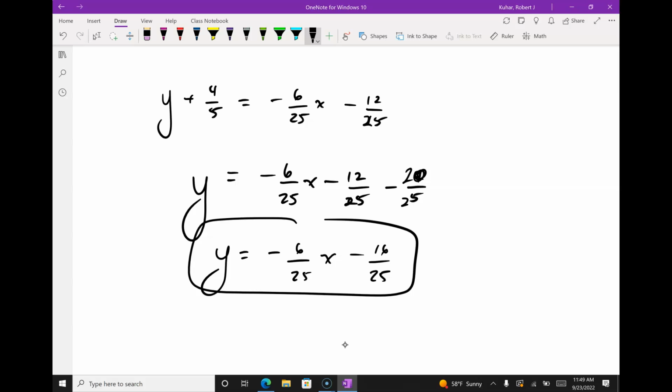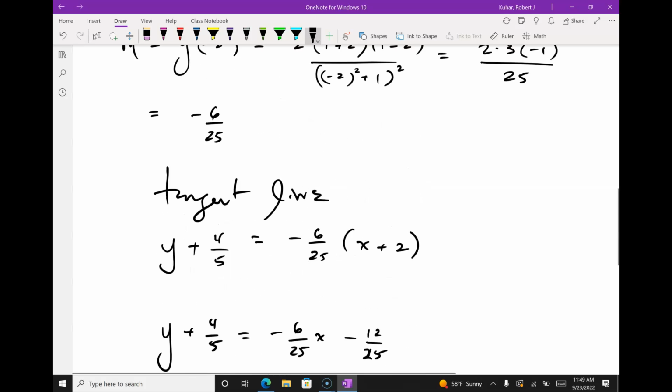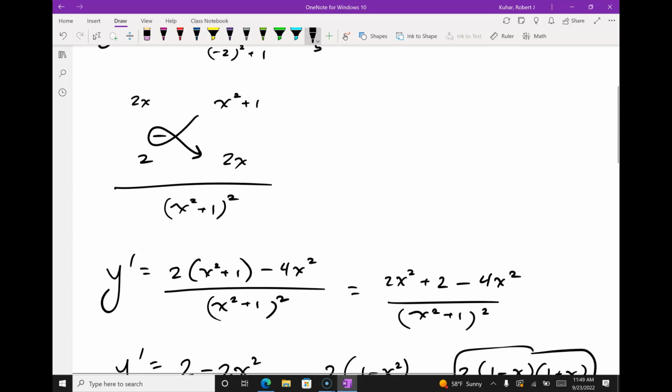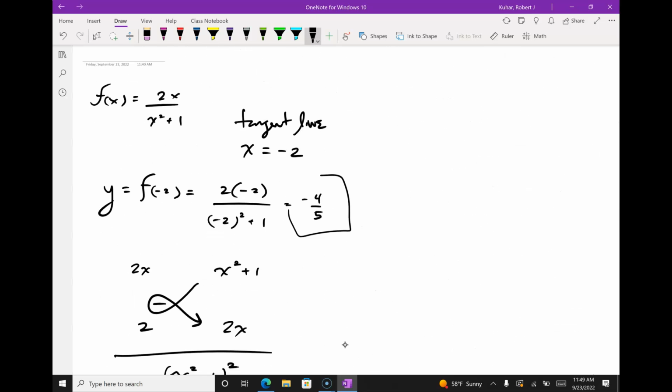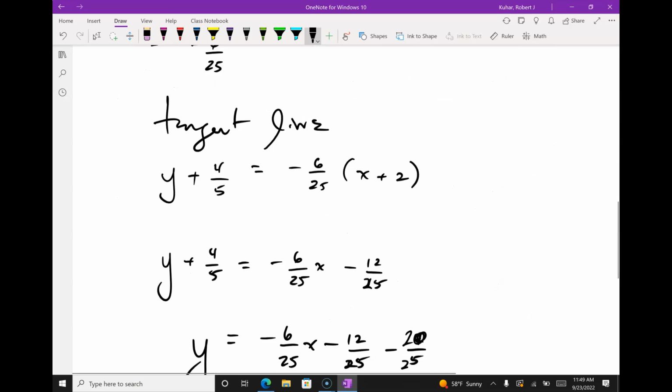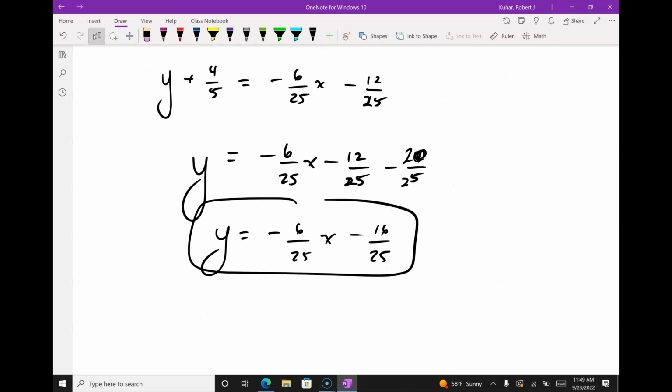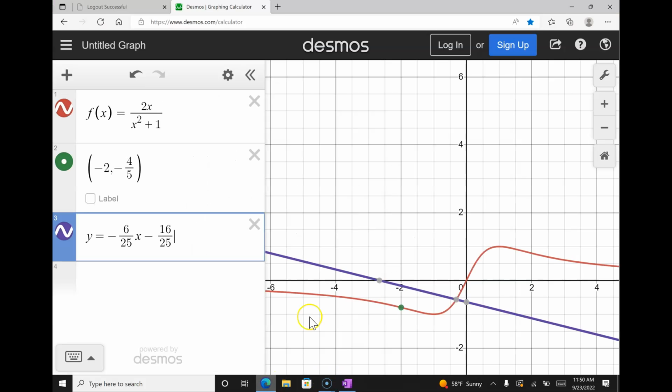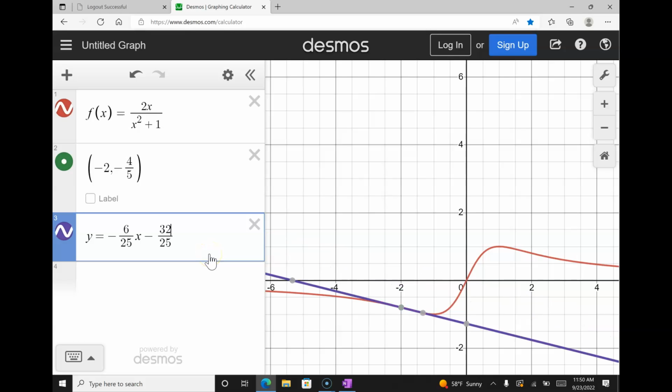Yeah, we got negative 4/5, right? I just screwed up my b value, that's all. It's minus 32/25. That's what I get for going so fast.